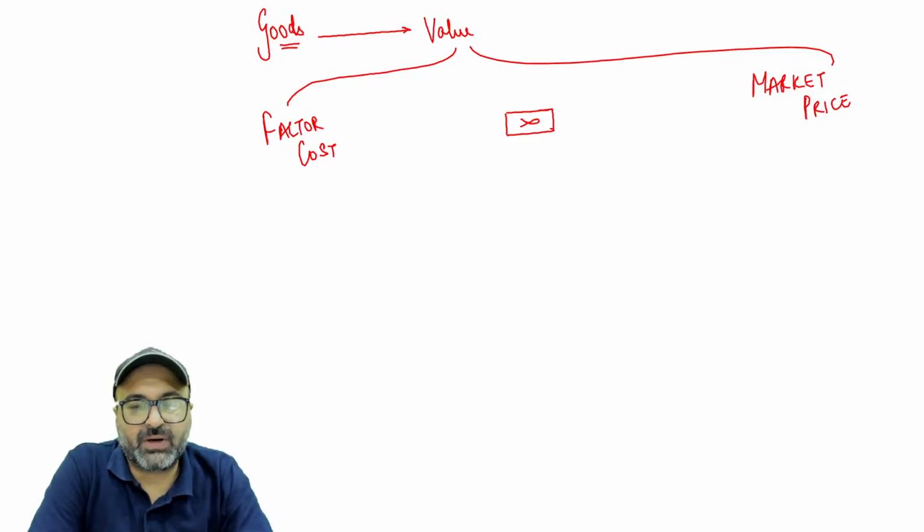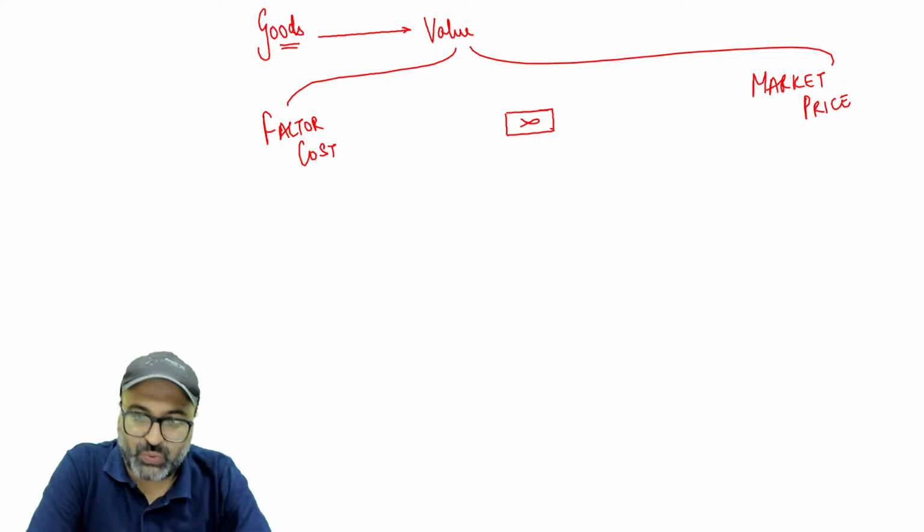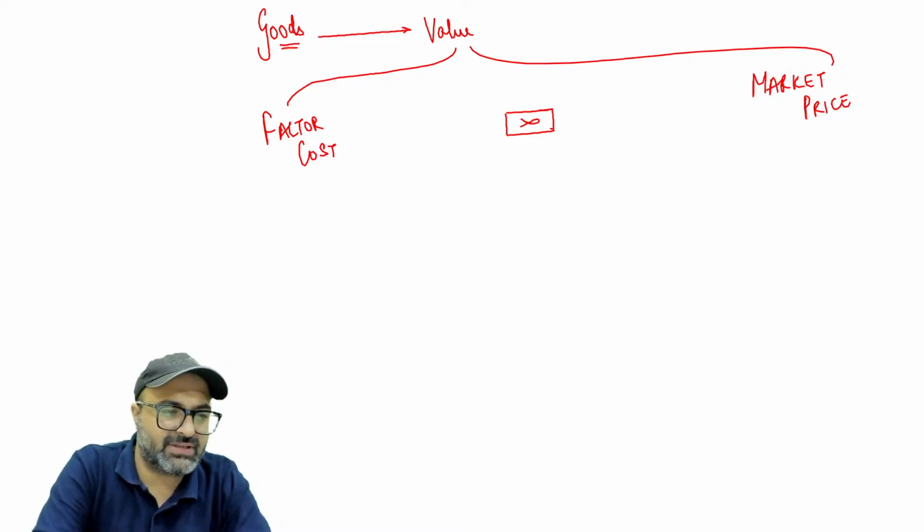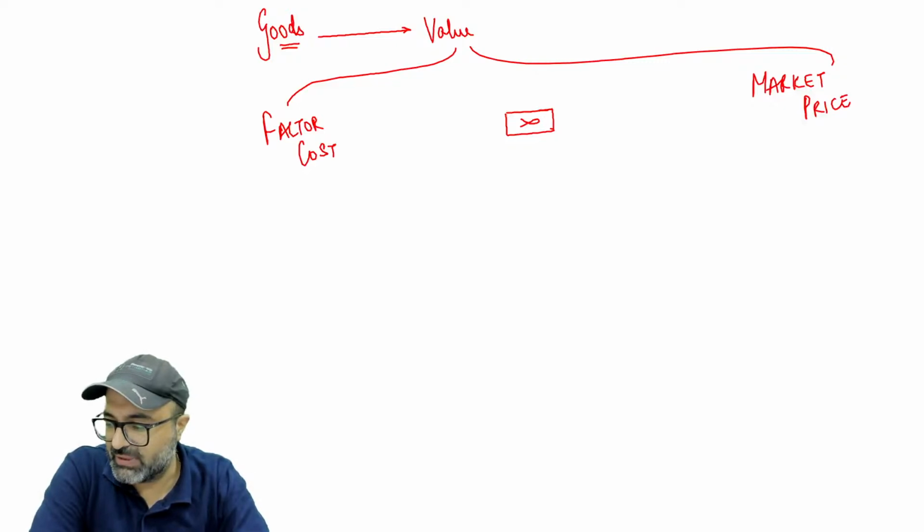And whenever we talk about GDP, in the GDP we have a term that is value, and in terms of value we have two values. The first value we have is factor cost, and the other value we have is known as market price.